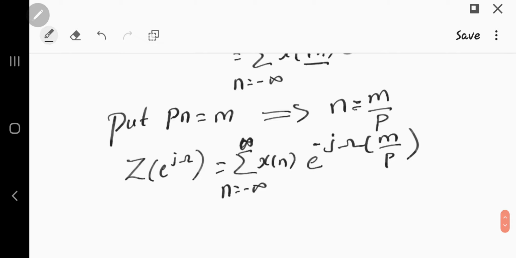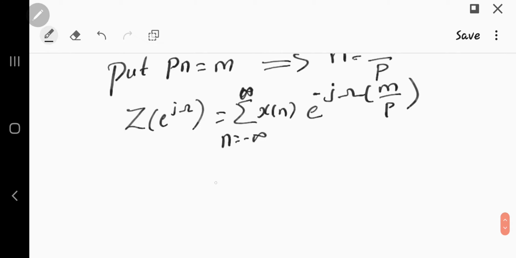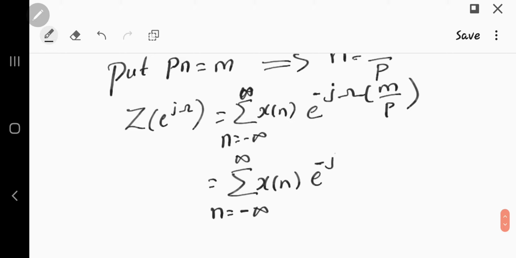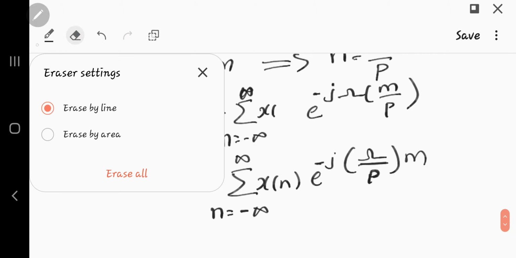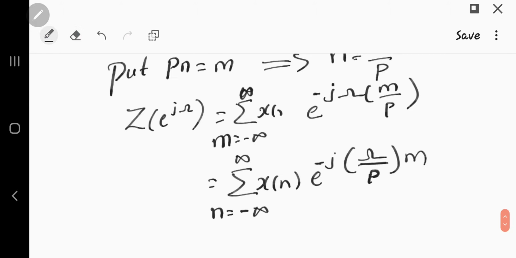Now I will rearrange this for my convenience: summation over m from minus infinity to plus infinity of x of m e power minus j, omega by p, into m. Here I should have replaced this with m, x of m, and here also m.